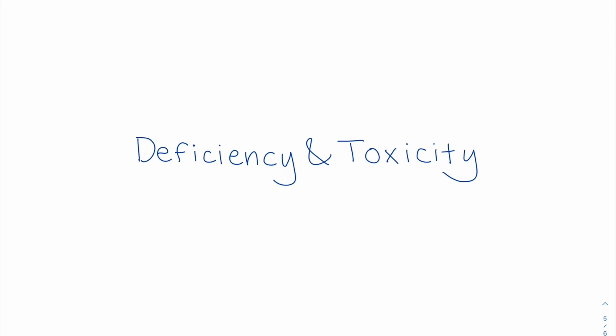So what a deficiency could look like is a loss of appetite, loss of normal taste sensation, alopecia, hyperkeratinization, and reproductive abnormalities. With a toxicity, it could look like having a metallic taste, headache, nausea, vomiting, epigastric pain, abdominal cramps, and bloody diarrhea.